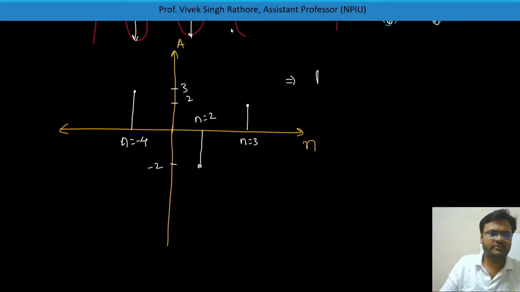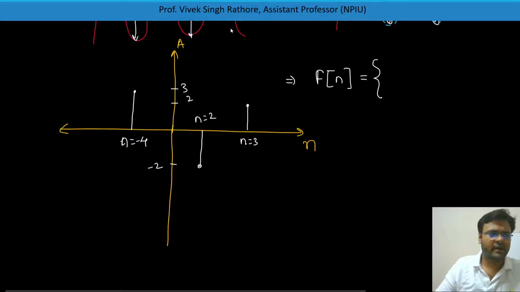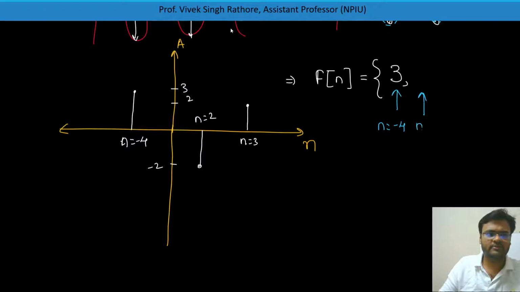It is written as f[n]. Earlier a continuous time signal was written as f(t), now it will be written as f[n], in curly brackets like this. First, at n is equal to -4, the value will be 3, so we write 3. For n is equal to -3 some value should be there, so we write 0.